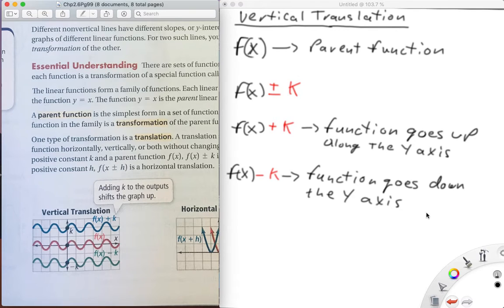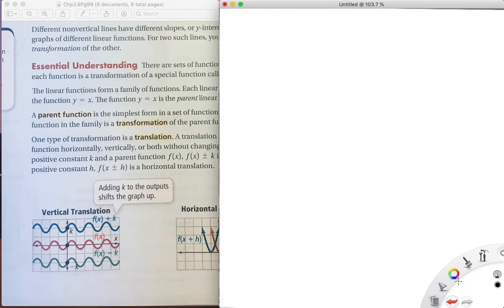When we talk about a horizontal translation, our parent function again is f of x.